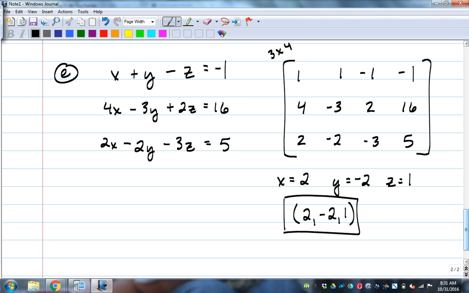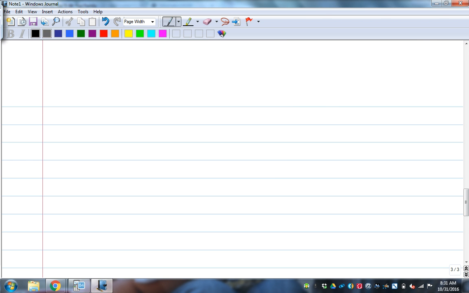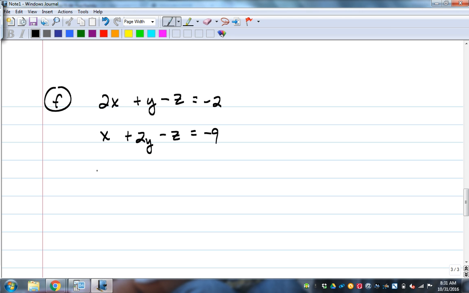All right. There's example F. Another system: 2x plus y minus z equals negative 2. x plus 2y minus z equals negative 9. x minus 4y plus z equals 1.